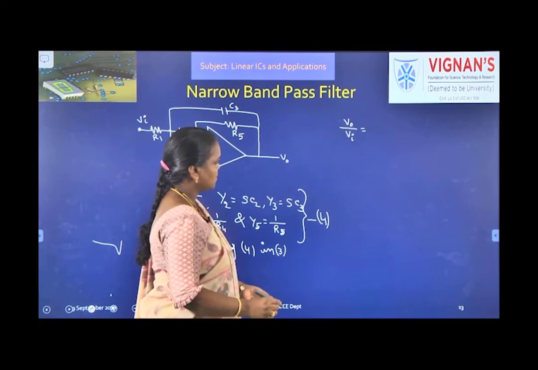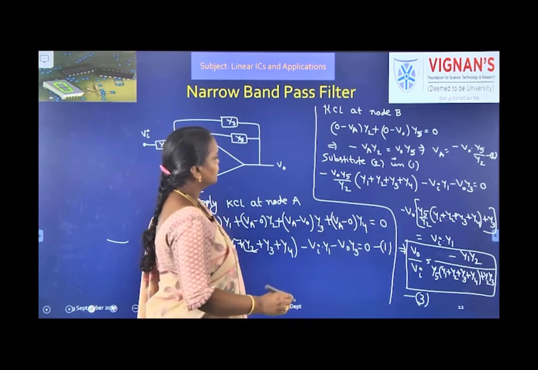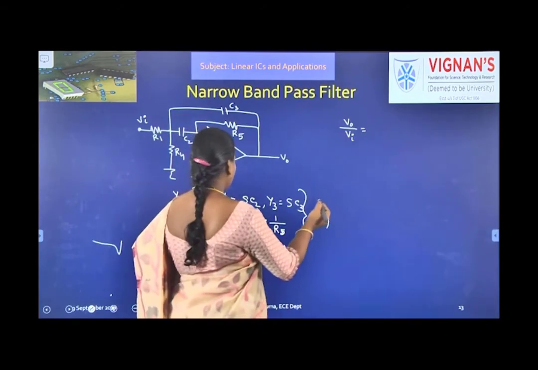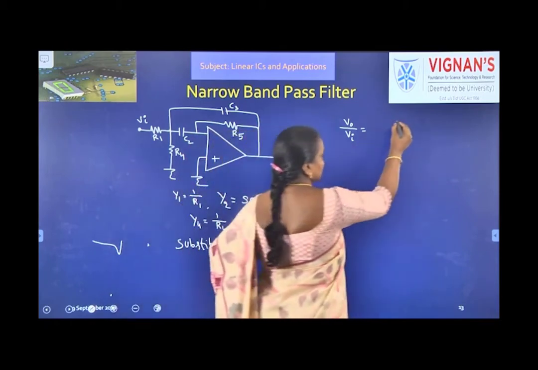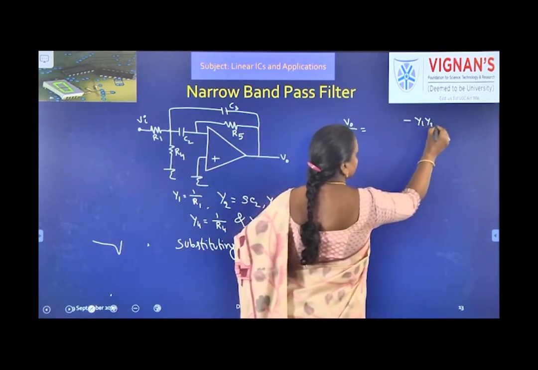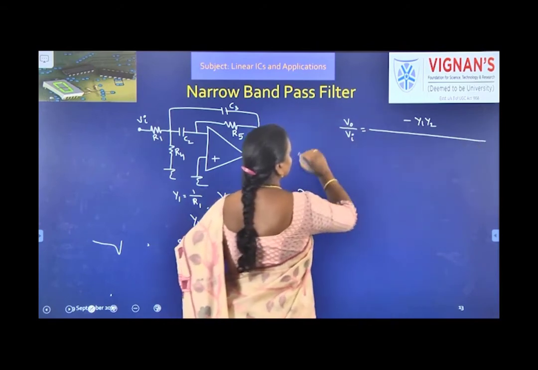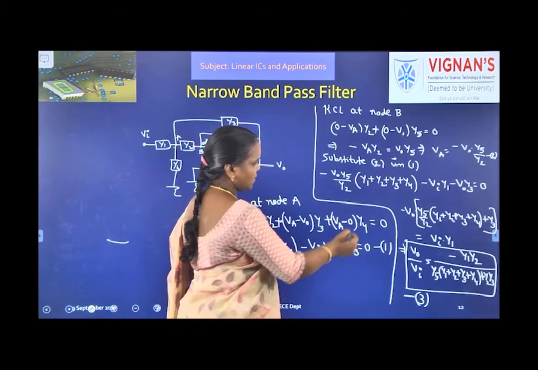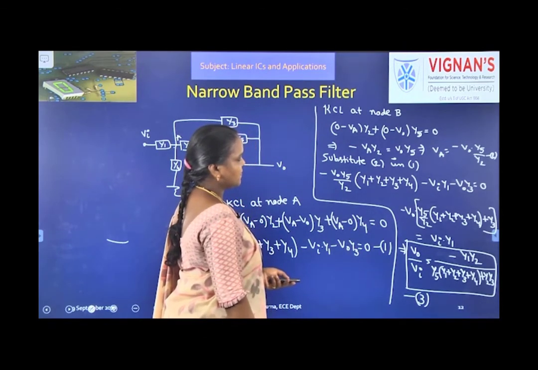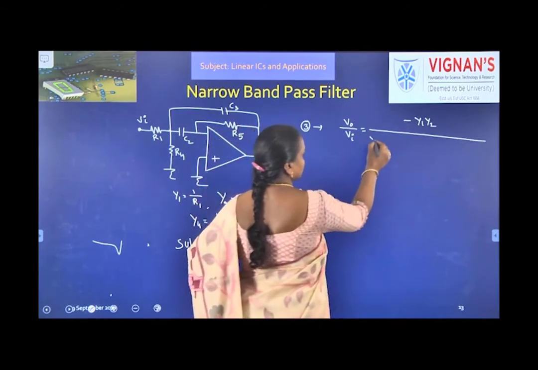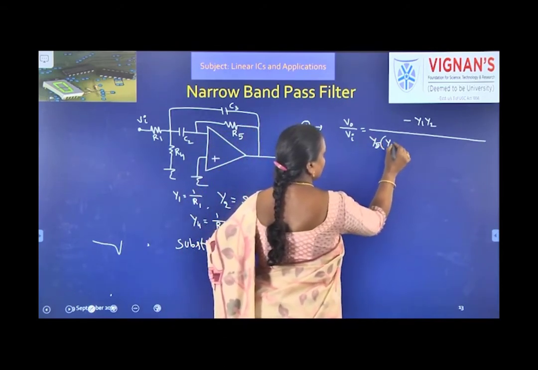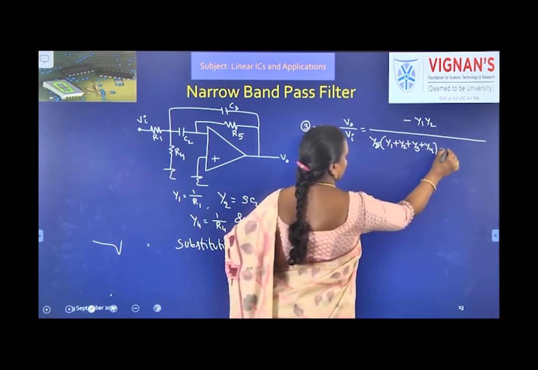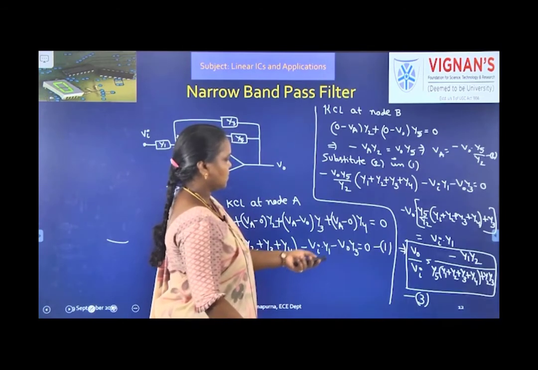Just you see, minus Y1 Y2 by Y5 into Y1 plus Y2 plus Y3 plus Y4, plus Y2 Y3.